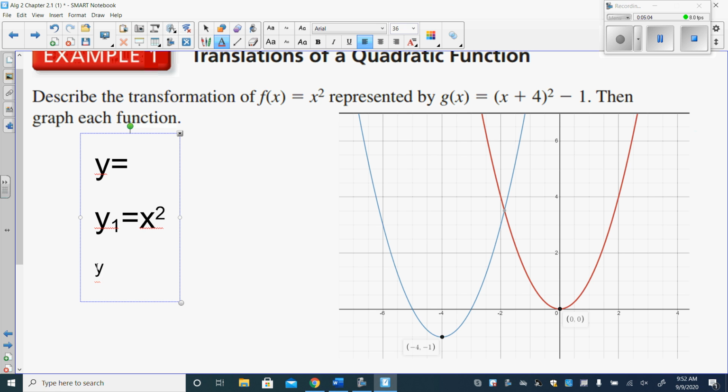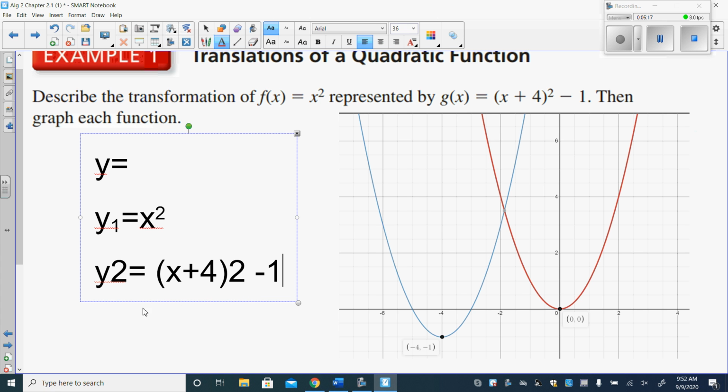And then for y sub 2 will equal our (x plus 4) squared minus 1.